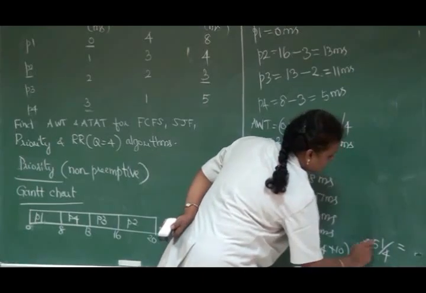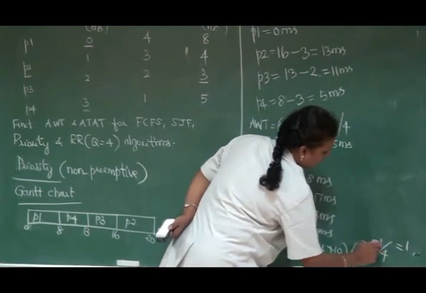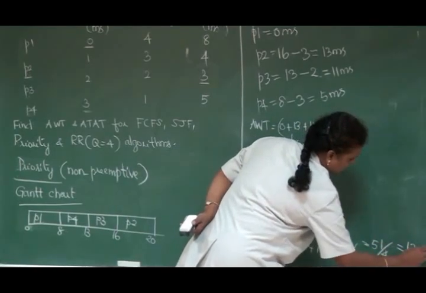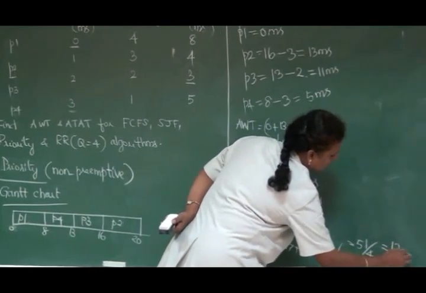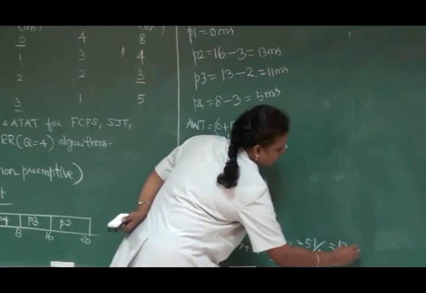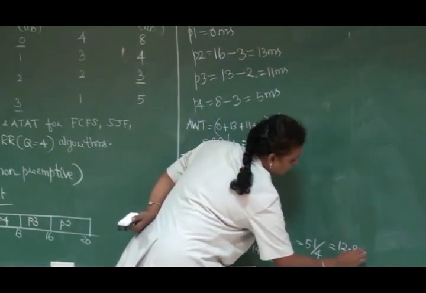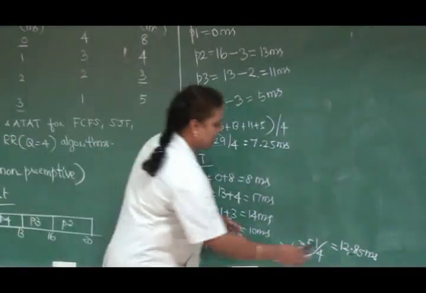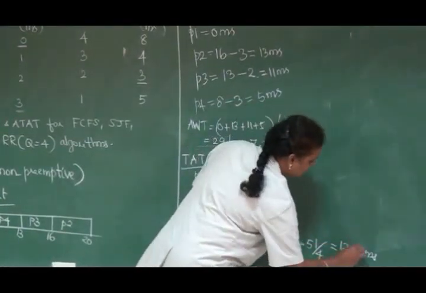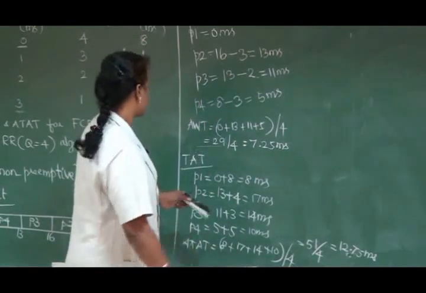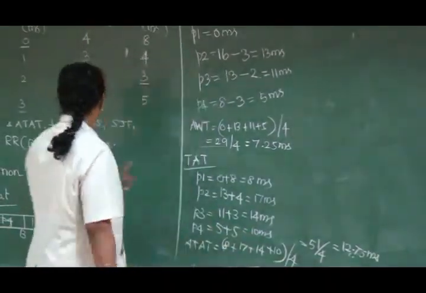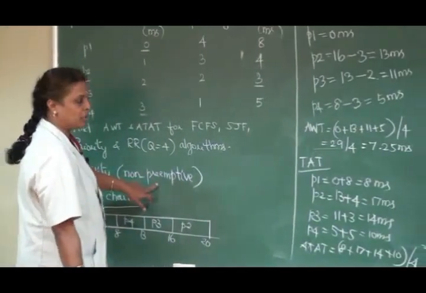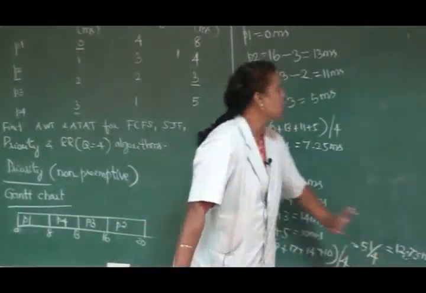So this is nothing but 12.75 milliseconds. So now the average turnaround time of priority scheduling for the non-preemptive case is 12.75.